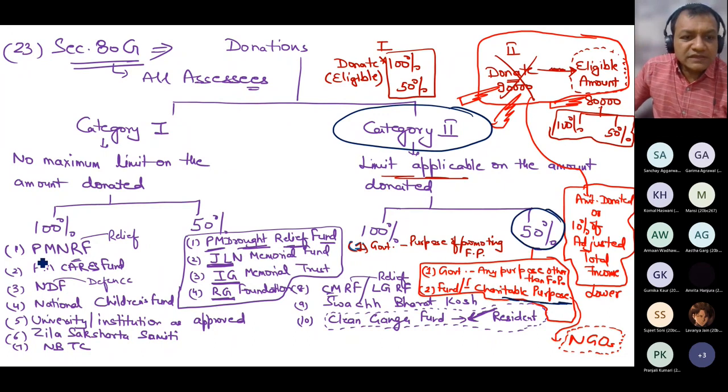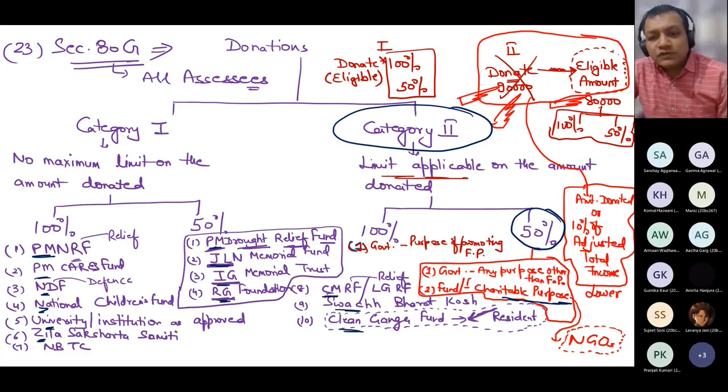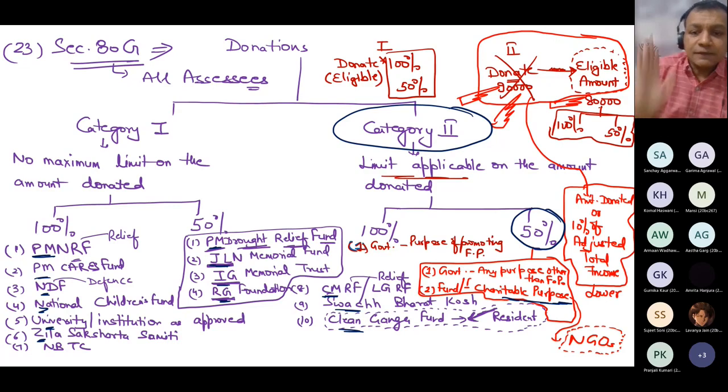Because if you remember, the others are the Prime Minister's National Relief Fund, Jawaharlal Nehru, Indira Gandhi, Rajiv Gandhi Foundation, CM relief fund, Swachh Bharat, Clean Ganga. These are not normal NGOs. Every NGO which is registered under 80G, the amount donated will be under category 2, 50% ceiling.